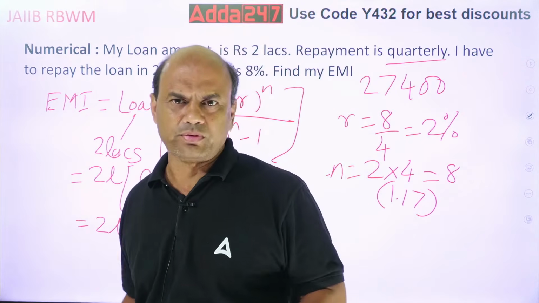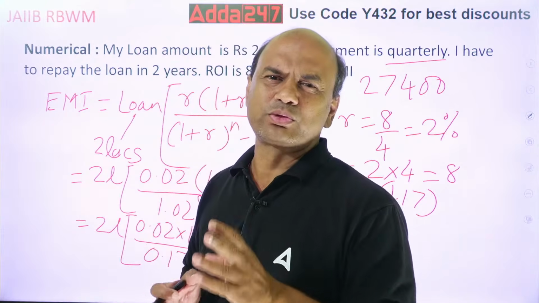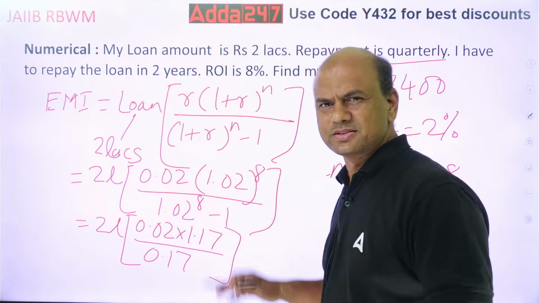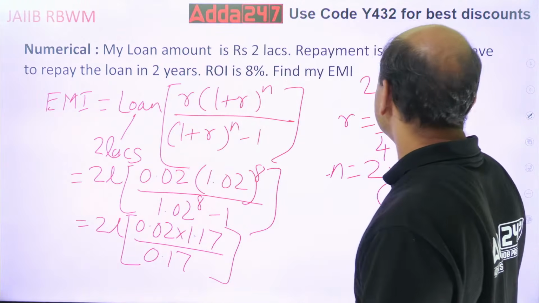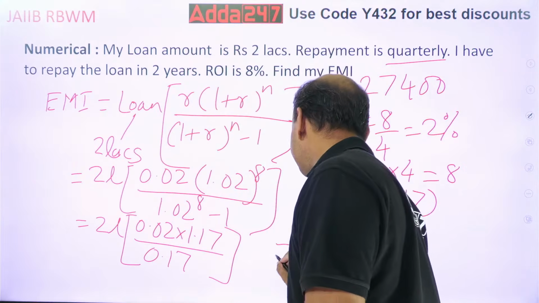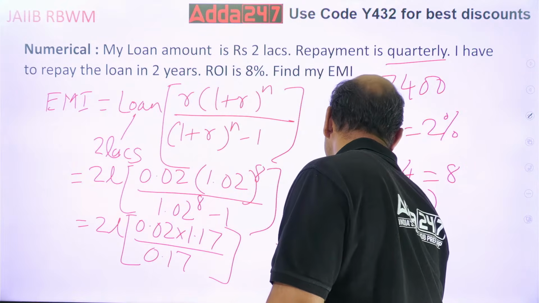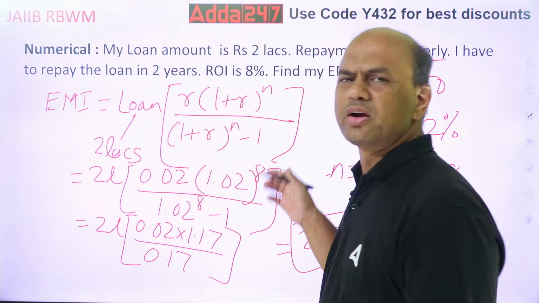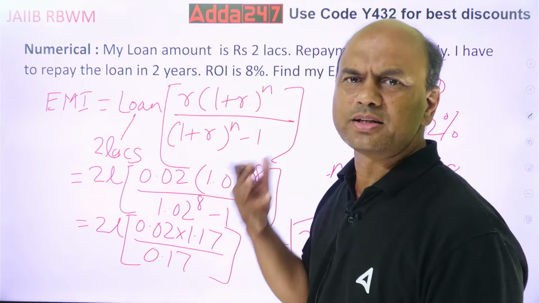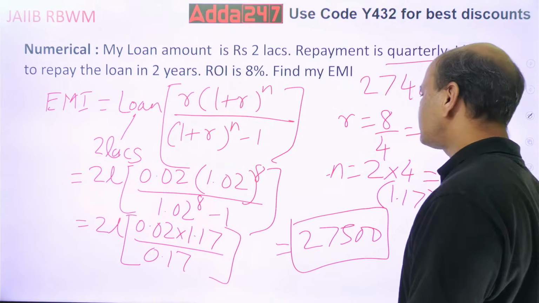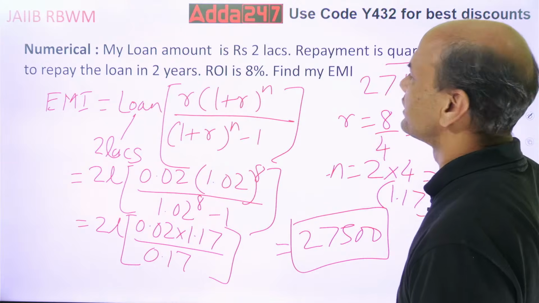Far off. So don't fight between this 200, 300, 400. Leave it. Nobody cares. So roughly 27,500 is the answer you are getting. Any answer which you get, 400, 429, 500, 600, everything is correct over here.